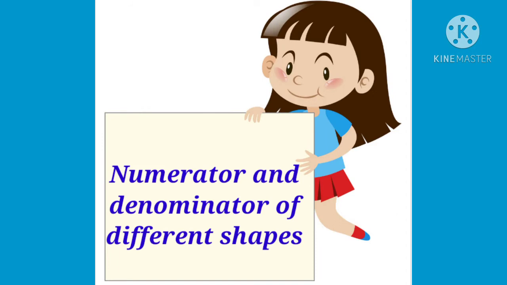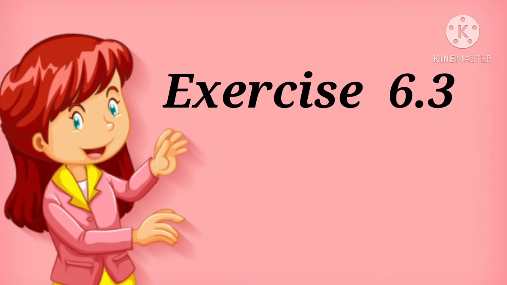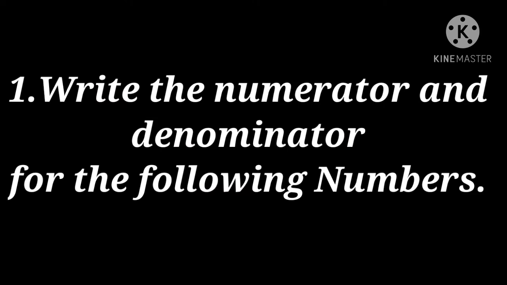Children, now let us see what will be the numerator and the denominator of different shapes. Exercise 6.3. Exercise 6.3, first problem. Write the numerator and denominator for the following numbers.